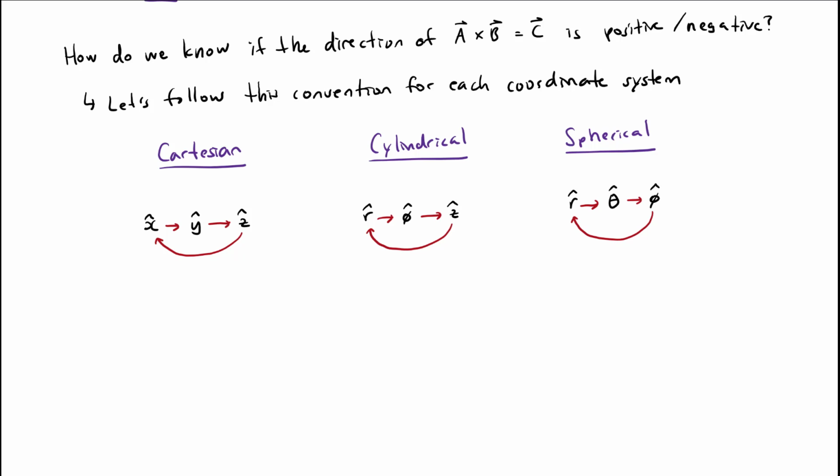So the convention is if we are doing a cross product in the order of these arrows, then it's in the positive direction, and our final cross product is going to be positive. And if we're going backwards, then our final cross product will be negative. So let's go through a few examples.